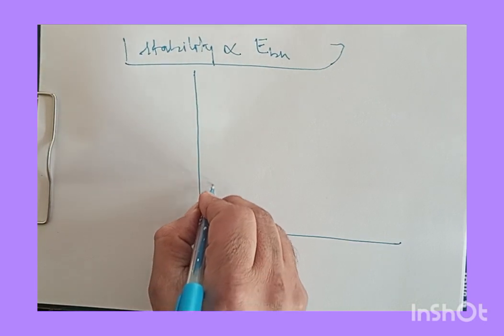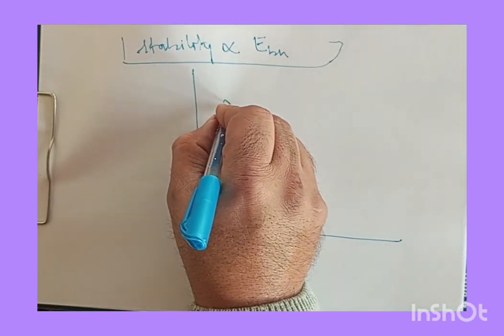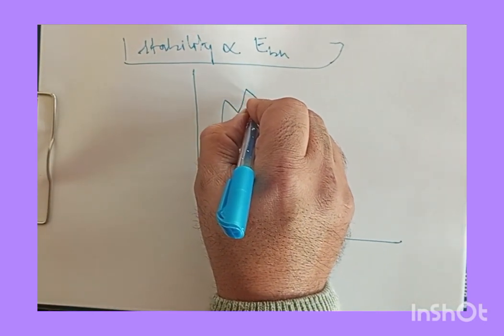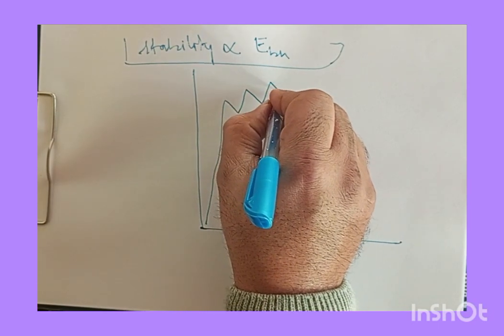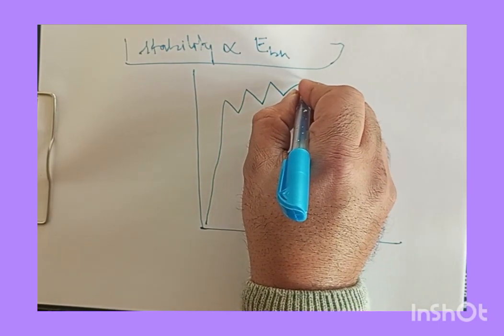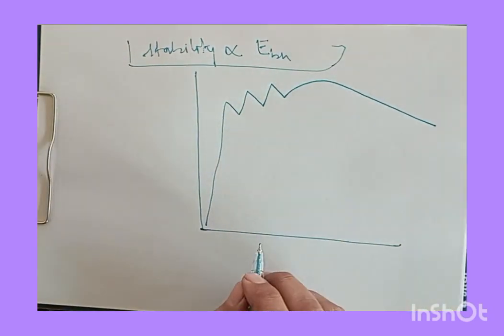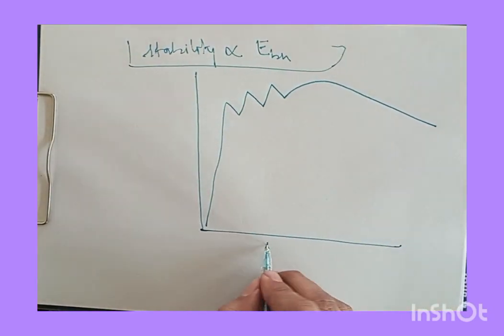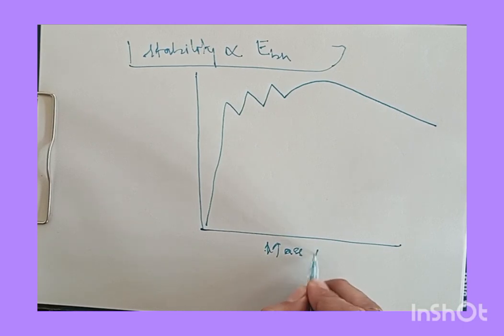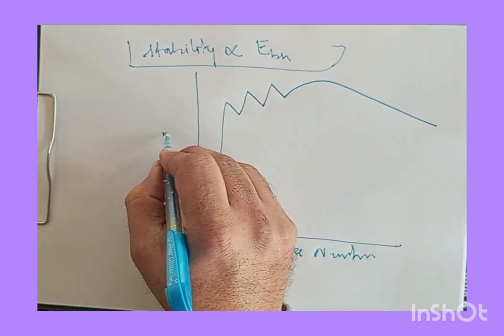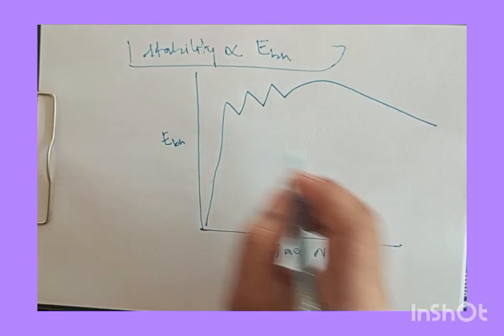It goes up, then comes down, then goes up, then comes down, and so on. This is mass number, and this is binding energy per nucleon, EBN.